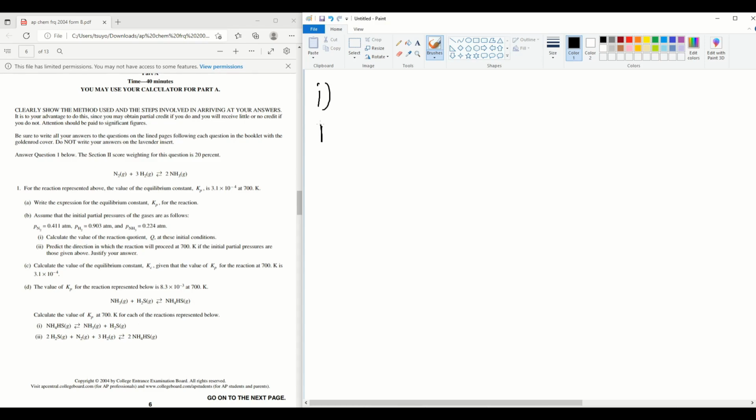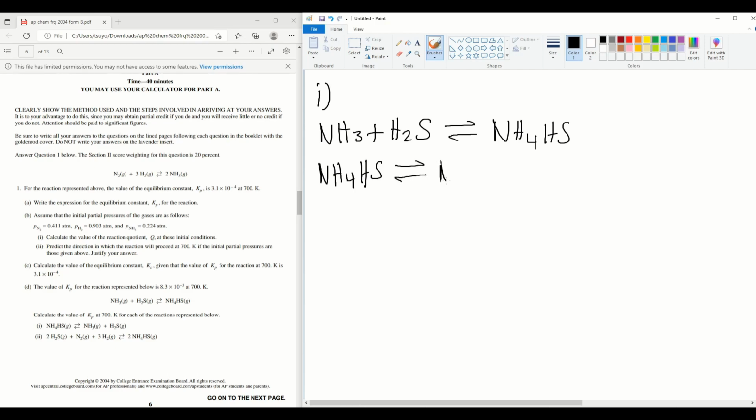So we're just going to rewrite this. NH3 plus H2S, equilibrium sign, NH4HS. So we need to find the value of Kp for the inverse of this. So NH4HS, equilibrium sign, NH3 plus H2S.